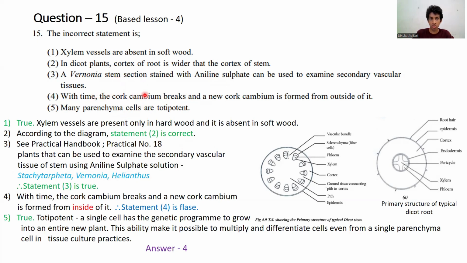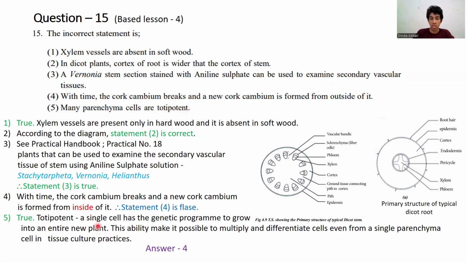4. With time, the cork cambium breaks and a new cork cambium is formed from the outside of it. That's wrong because with time the cork cambium breaks, but a new cork cambium is formed from inside of it. 5. Many parenchyma cells are totipotent. That's true. What is totipotent?